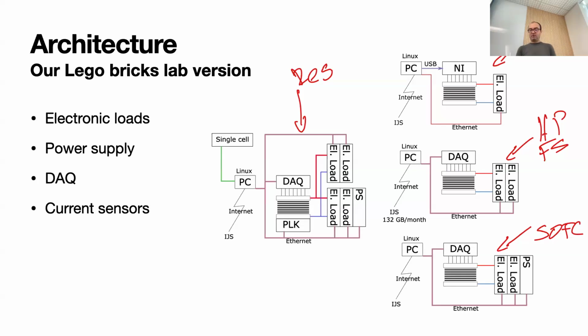What I want you to take out from this picture is that in cases where we operate with high power equipment, what we are proposing is to use multiple electronic loads, share the power, actually use them as Lego bricks.